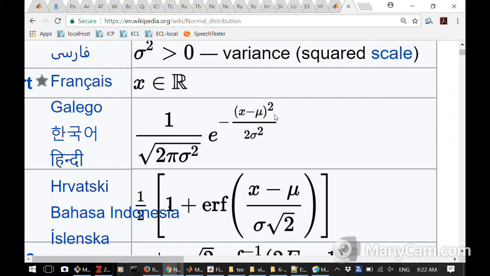It's almost 0, right? Approximately, it's about e to the power of negative 100 divided by 2. Because see what happens: mu is 0 and the standard deviation is 1. So according to this equation, I have the probability.